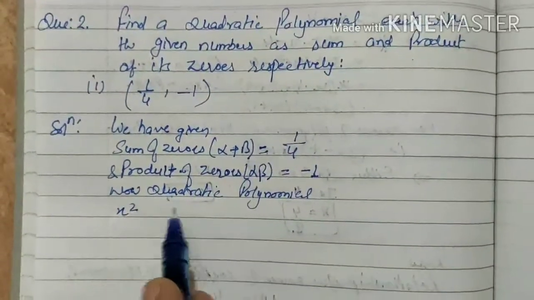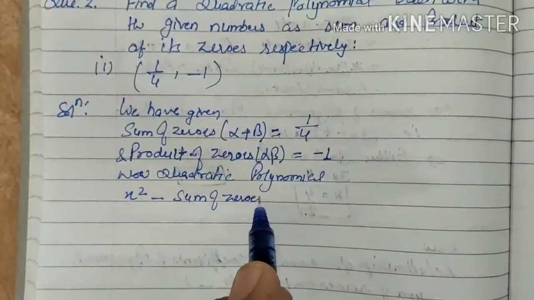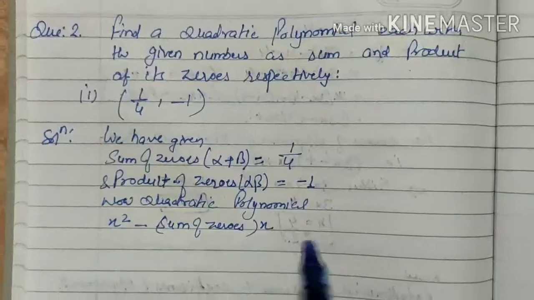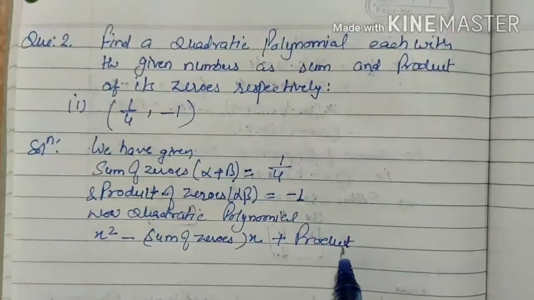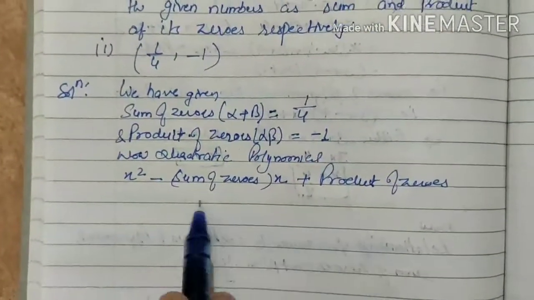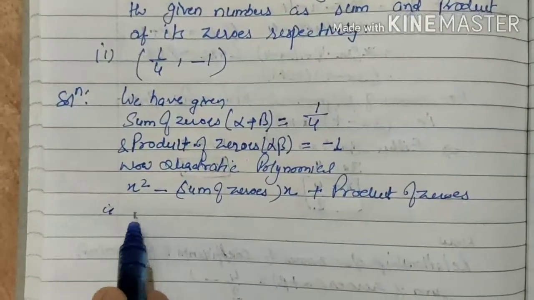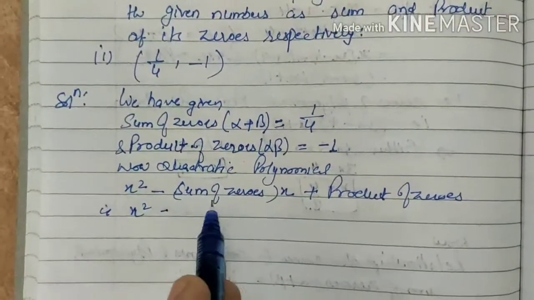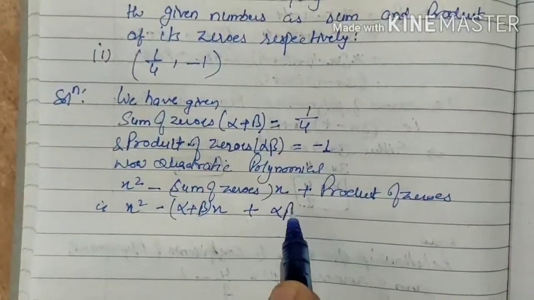So now the required quadratic polynomial will be x square minus sum of zeros into x plus product of zeros. So this is the relationship, or we can write it as x square minus alpha plus beta into x plus alpha beta.